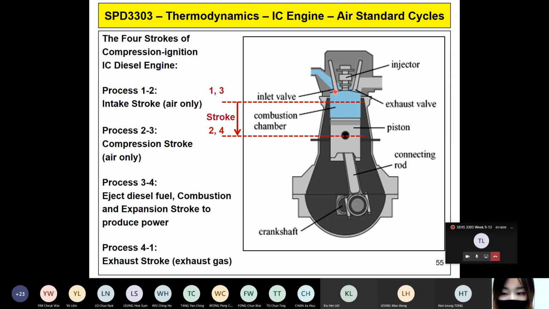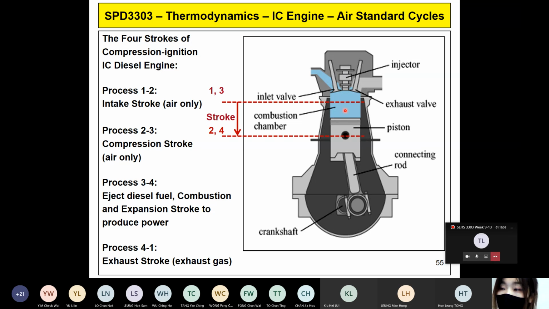From the starting point, now we open the inlet valve, and the piston moves downward to increase the volume between the cylinder and the piston, to join in the air. You should pay attention here. We use air only. A gasoline engine uses a mixture of air and fuel, but for a diesel engine, we compress air only.